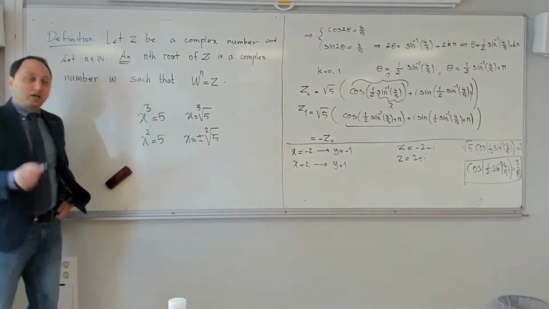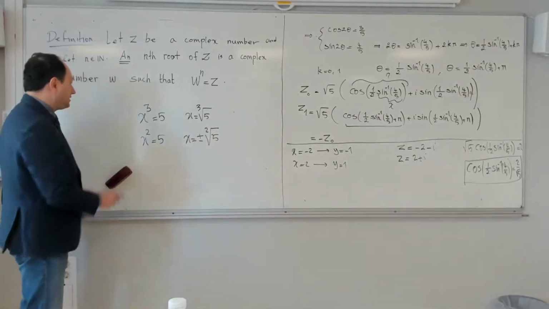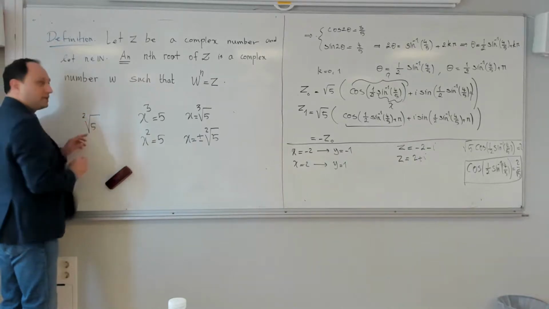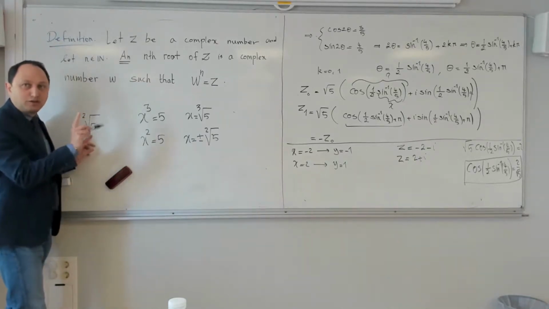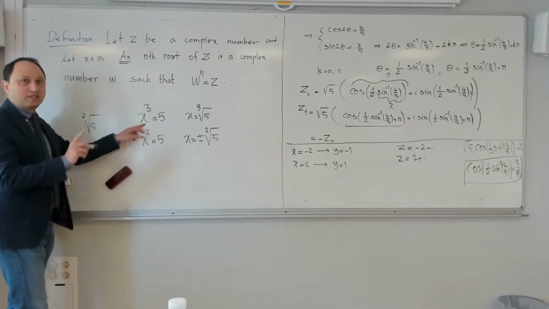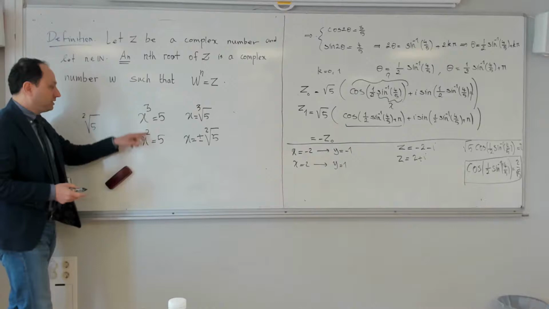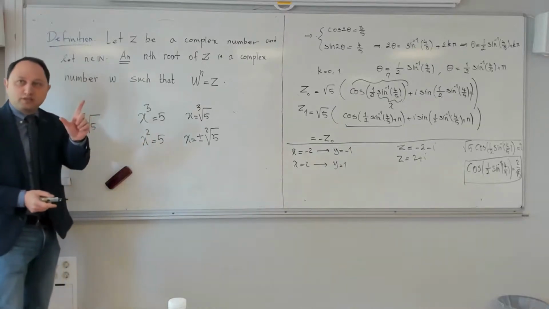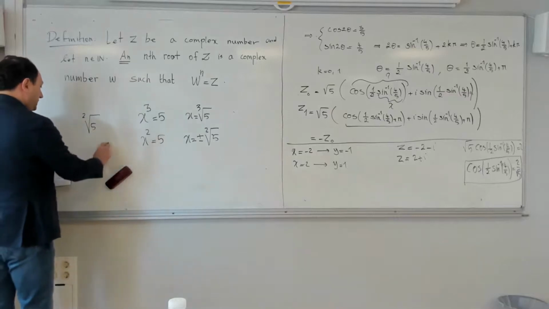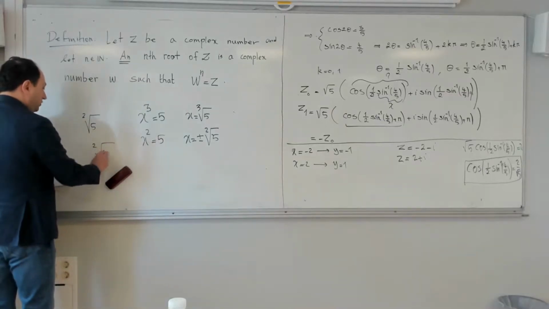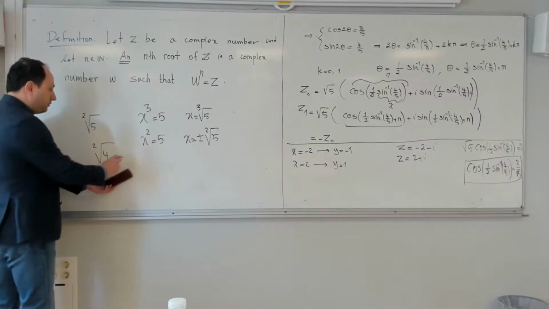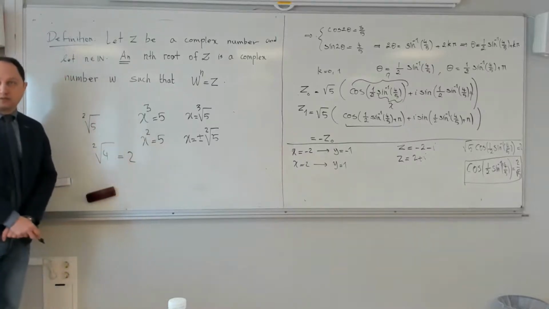By convention, when you write this symbol, I mean always the positive one. Here I don't need any convention because there is exactly one if n is odd. But if n is even, there are always two of them, opposite of each other. If I ask you the second root of 4, in principle there are two numbers, but by convention it is always the positive one.